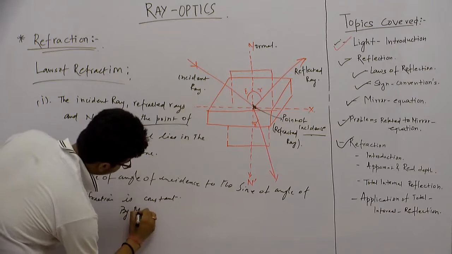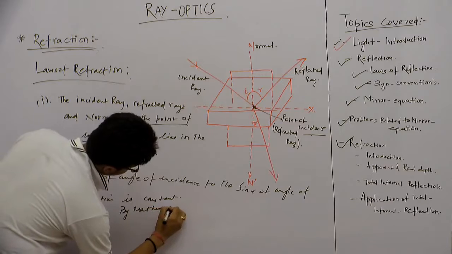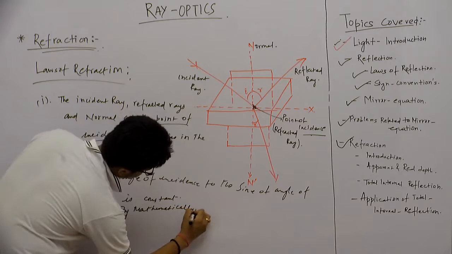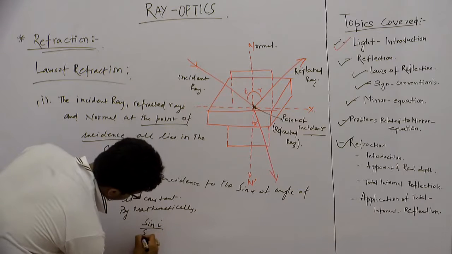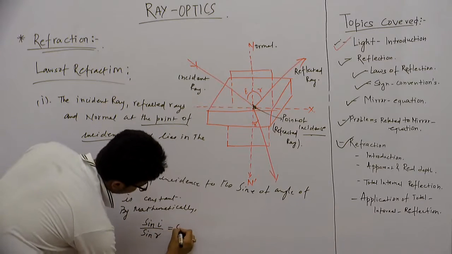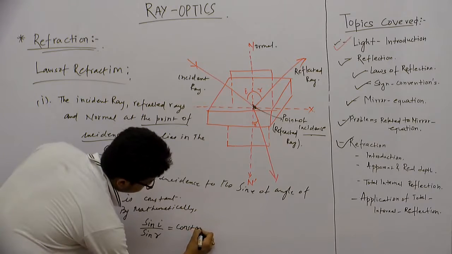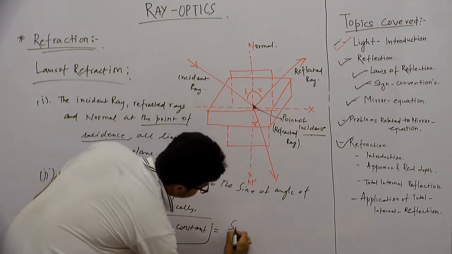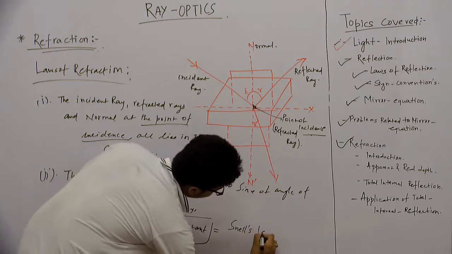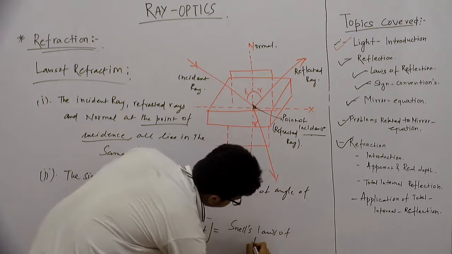Mathematically, we say that sine I by sine R is equal to a constant, and this is proposed by Snell's law of refraction.